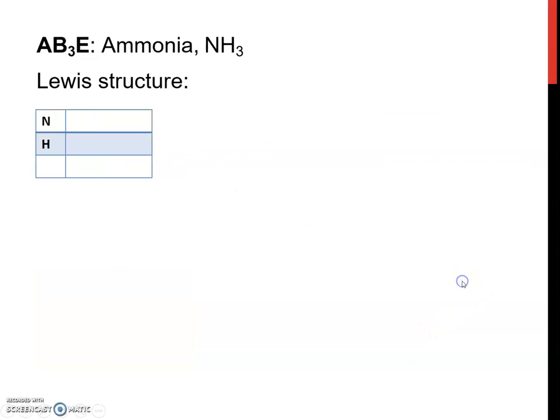Okay, next, for ammonia, NH3. Let's try together. Nitrogen has 5 valence electrons. Hydrogen 1 times 3. So total 8 valence electrons. And then form the Lewis structure.